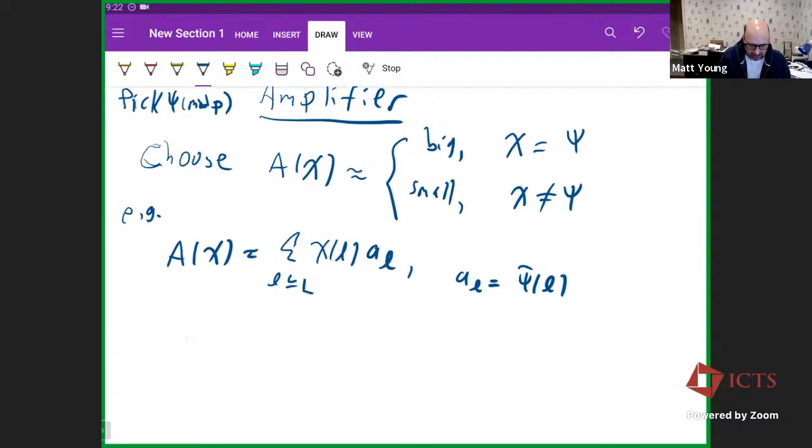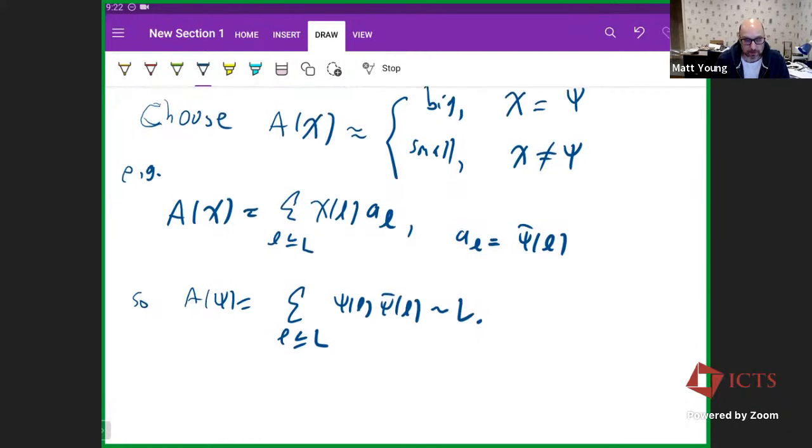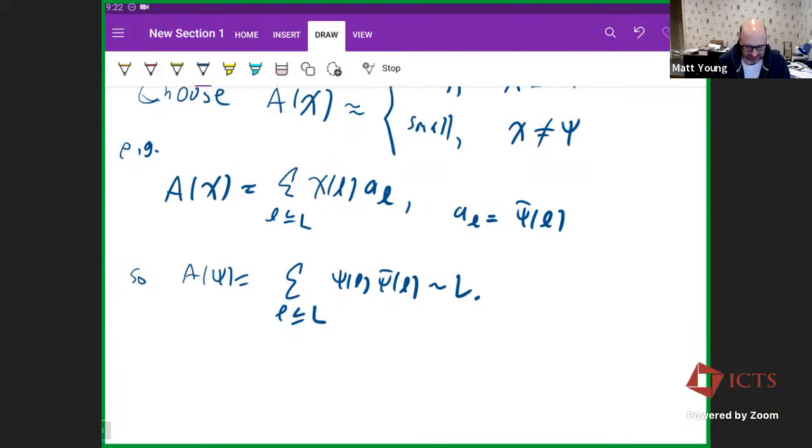So then A of psi is the sum over l up to L of psi of l times psi bar of l, which is basically L. The only times it's not 1 is if you hit an integer that's not coprime to p, and that's quite rare. So basically it's L.